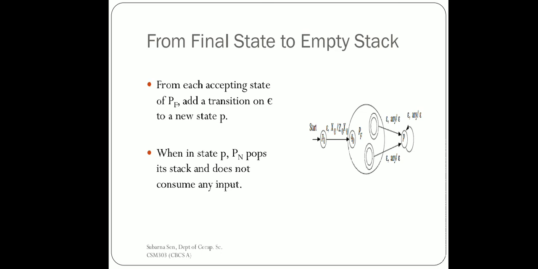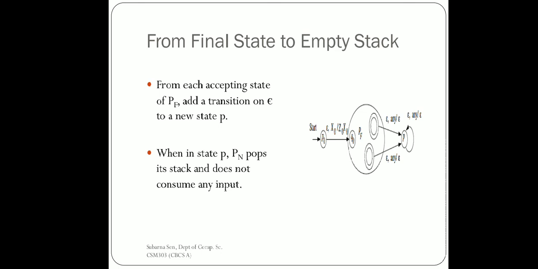So whatever state comes under the set P of F, we will apply one epsilon transition and move to a new state called P, just to empty the stack, nothing else. It is not going to consume any input. It is just to establish the concept. The thing happens simultaneously actually.